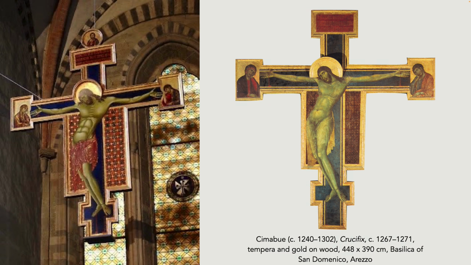Cimabue drew inspiration from the Giunta Pisano crucifix in Bologna, and he elevated the art form by introducing greater realism and expressionism, the contortion of the body of Christ, the use of chiaroscuro.